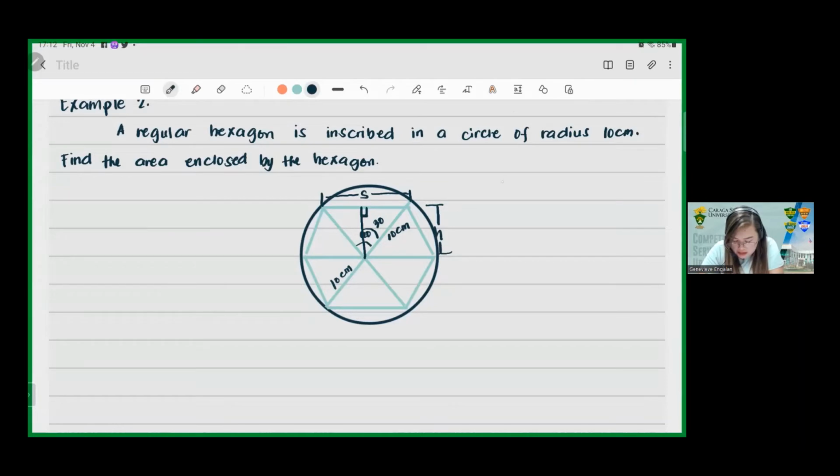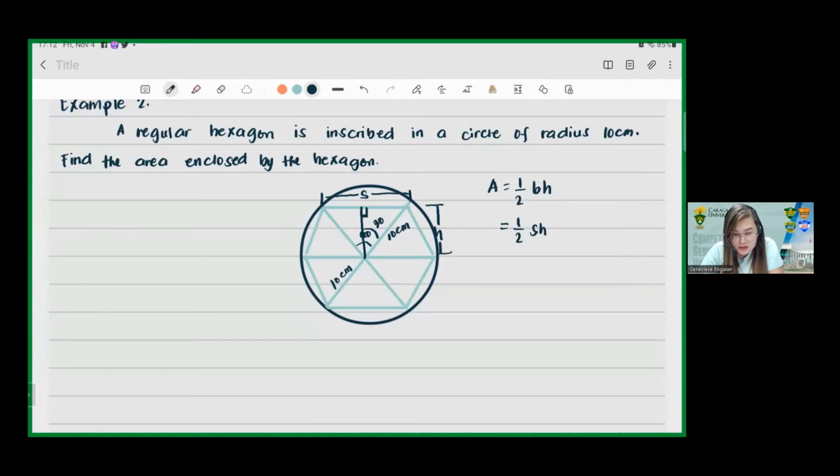Remember, the area of a triangle is 1/2 base times height, no? So our base is just the side, so side times the height. We don't yet know our base or our height.